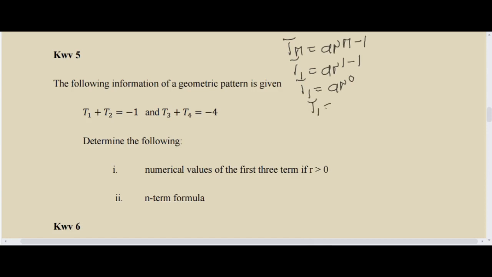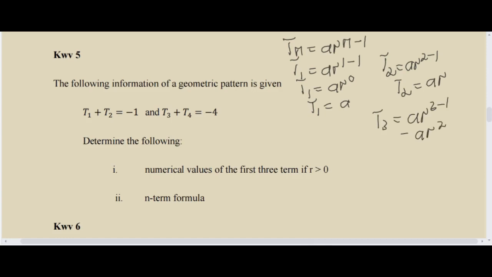So that means your T1 would only be A, because A times 1 is A. Suppose you wanted to find T2, you would say this is AR and then 2 minus 1. So your T2 would end up being AR. Then your T3 would be AR and then 3 minus 1. So your T3 would be AR to the exponent of 2.